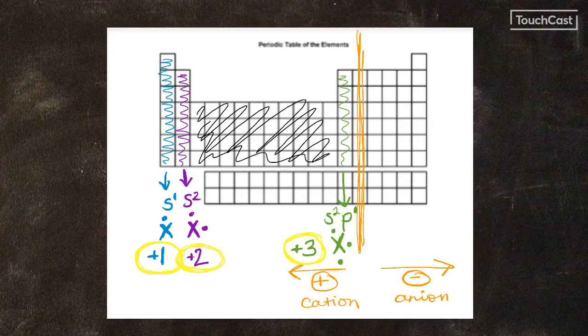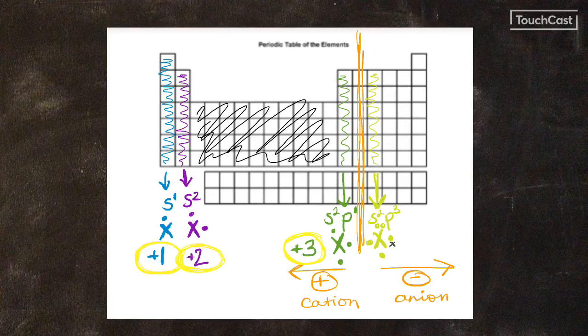Now, if you can't notice the pattern yet, the pattern is mimicked on the other side. So, let's talk about this column. Everything in this lovely column here has S2P3, which means I have 5 valence electrons to go around my Lewis structure, which means it's easier to fill these empty spaces right here.